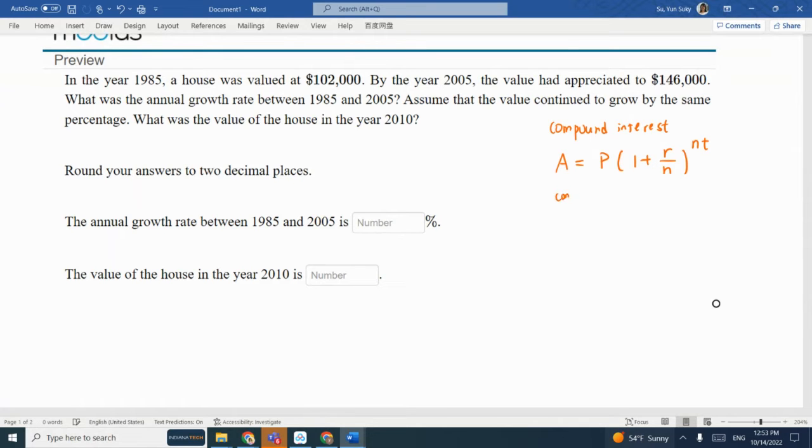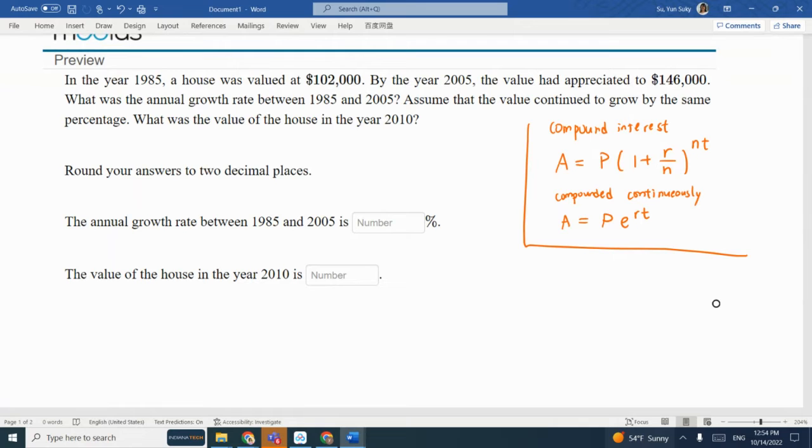And if the problem tells us that we have compounded continuously, then we use the formula A equals P e to the rt. So this formula is for compound interest.